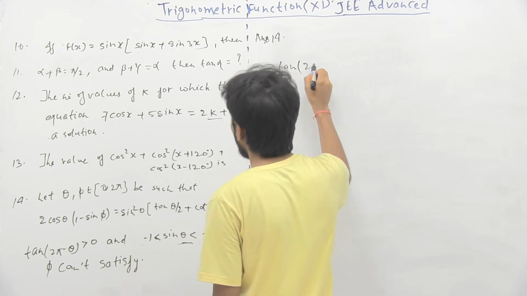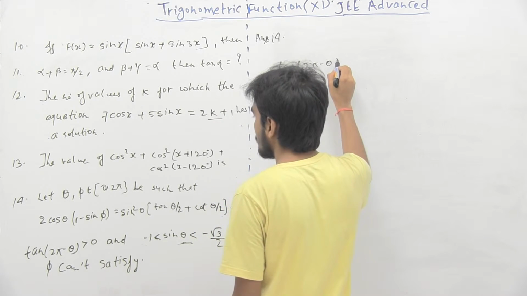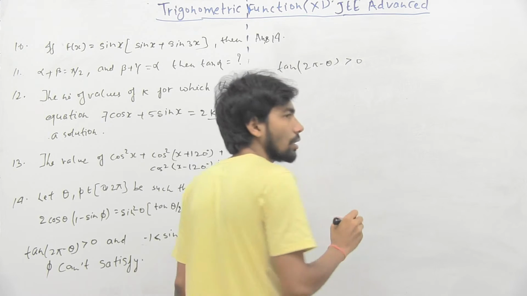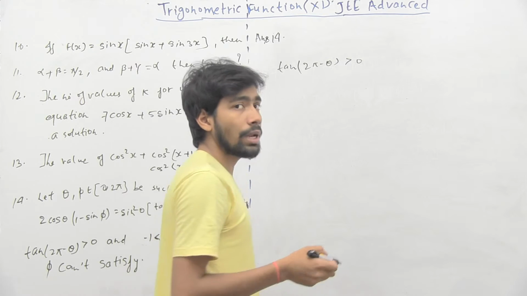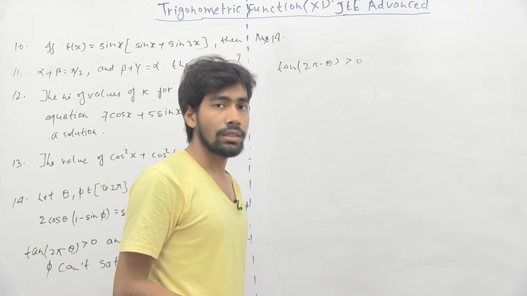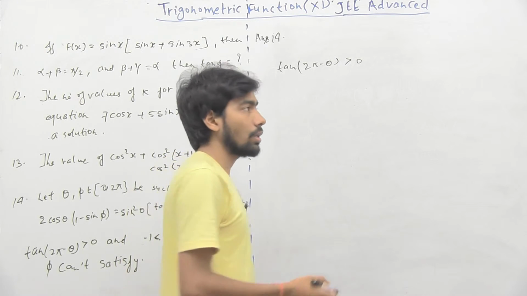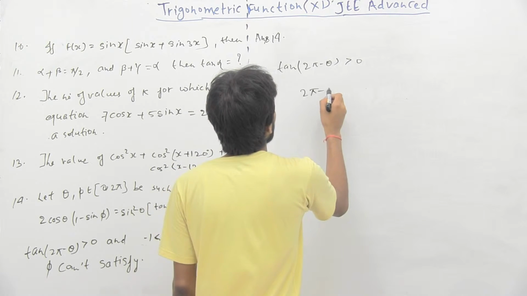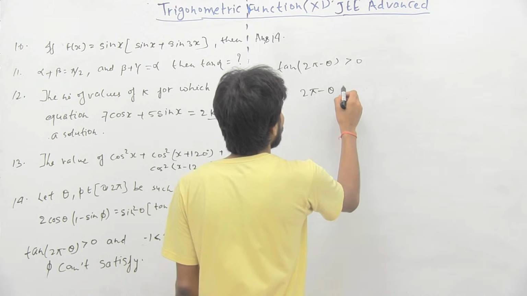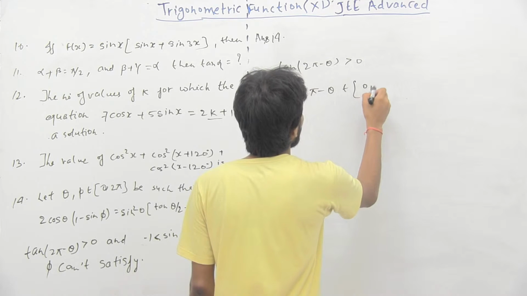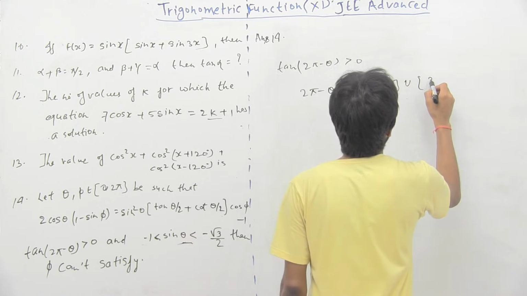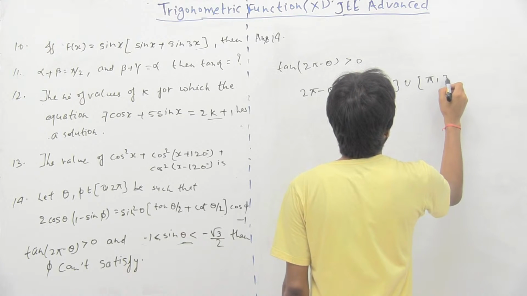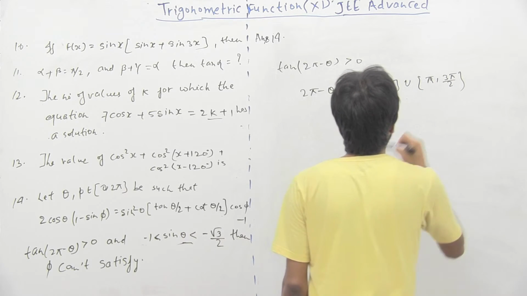Tan(2π − θ) is given greater than 0. So when is the value of tan θ greater than 0? Either it's in the first quadrant or the third quadrant. So 2π − θ is an element of (0, π/2) union (π, 3π/2).